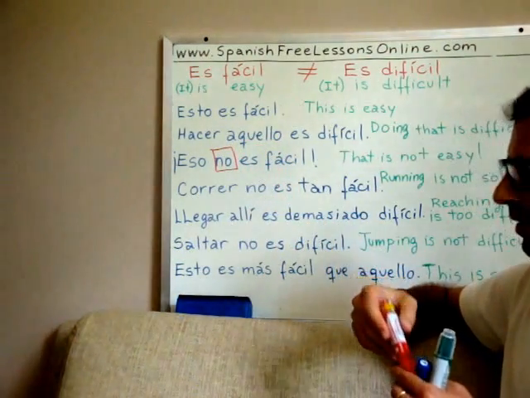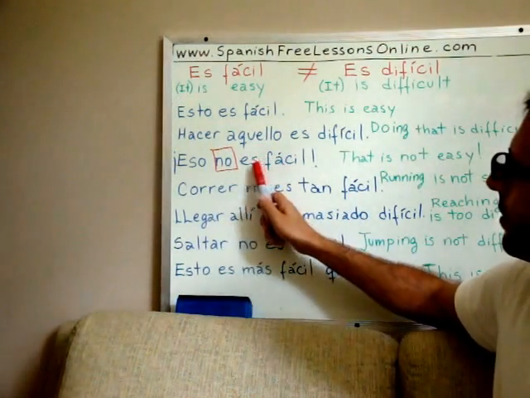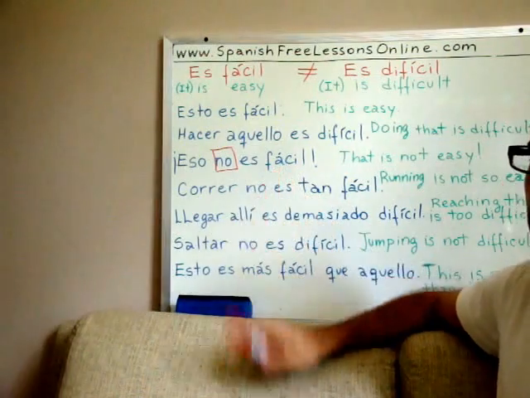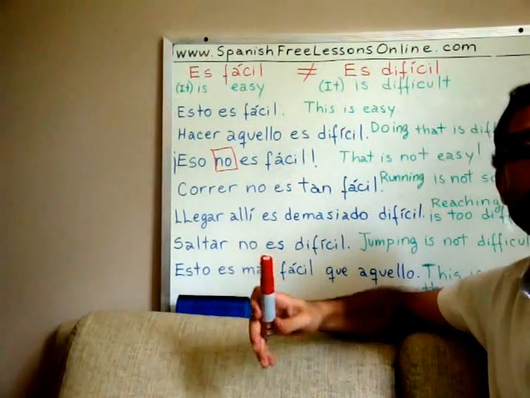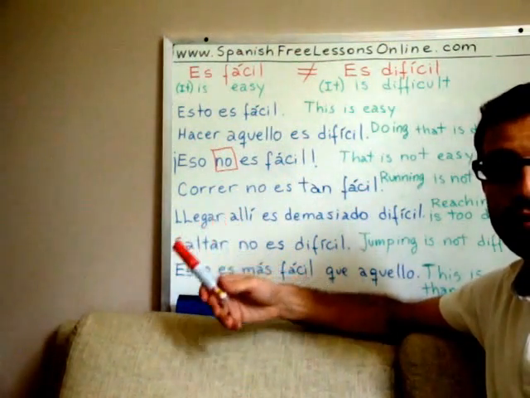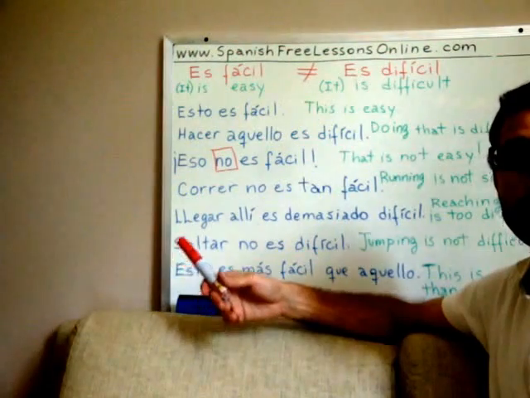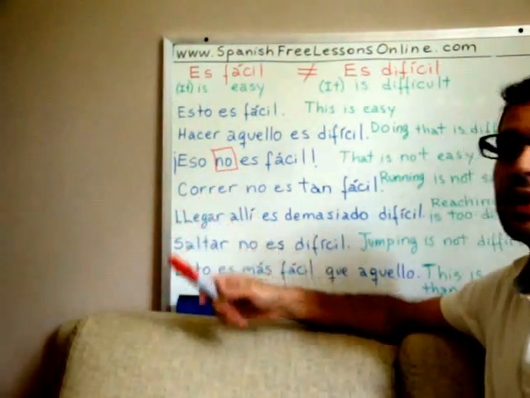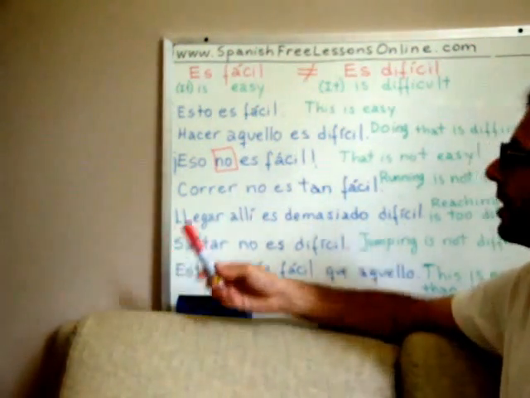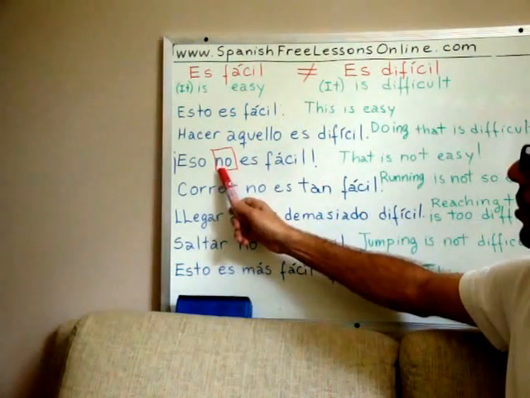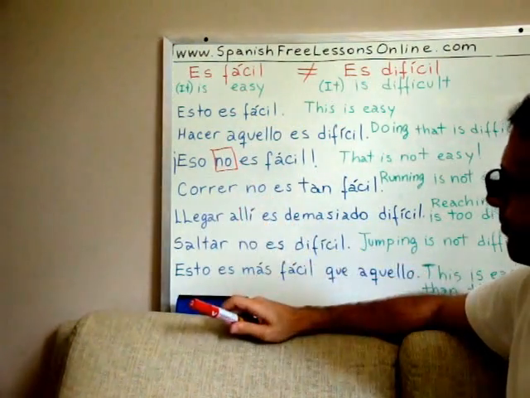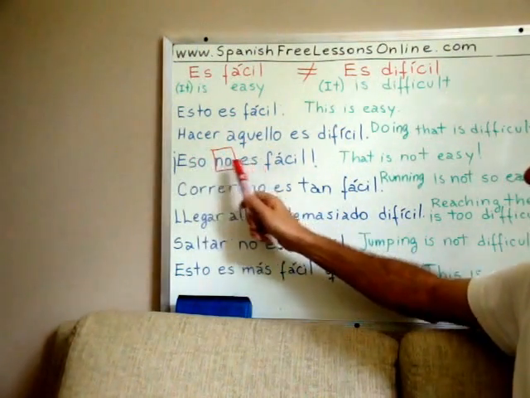No es fácil. Is not easy, okay? While in English, the not goes after the verb. In Spanish, the no goes always before. That is not easy.